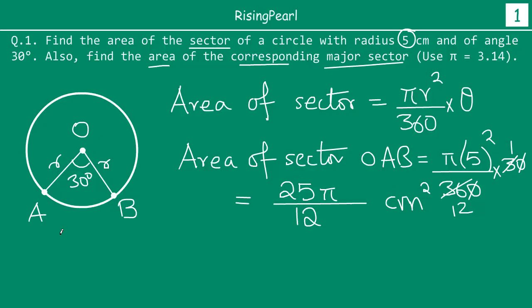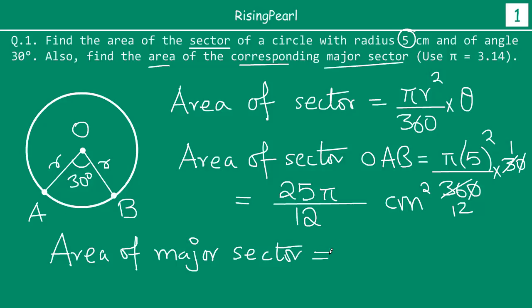Now similarly, for the area of the major sector, we can do it one of 2 ways. You can take the entire area of the circle, the whole circle. If you take the area of the whole circle and you subtract the area of the minor sector, you will get the area of the major sector, right?